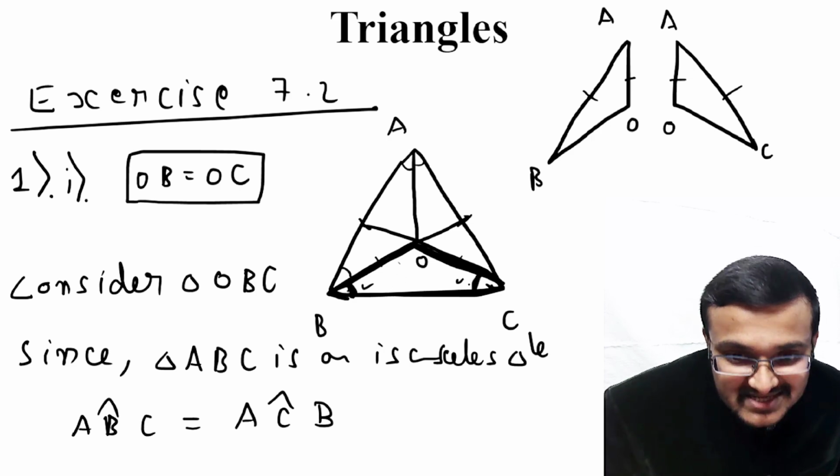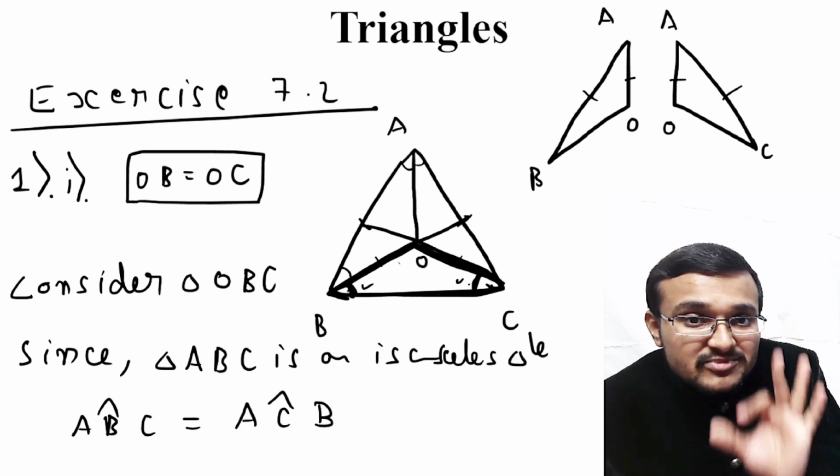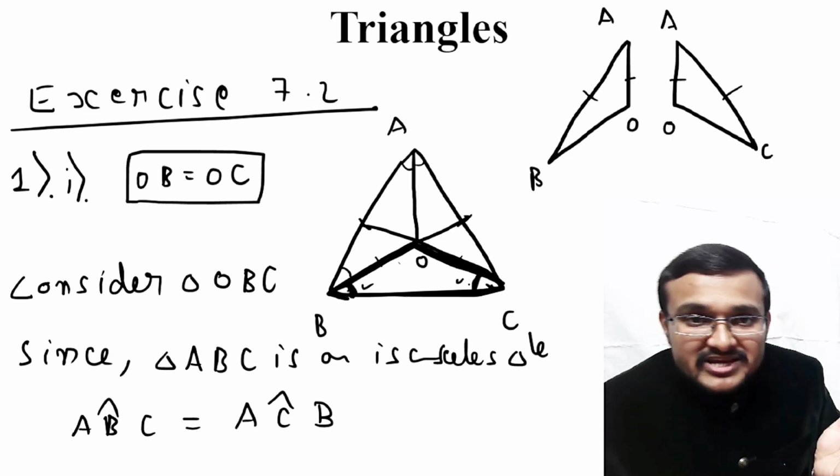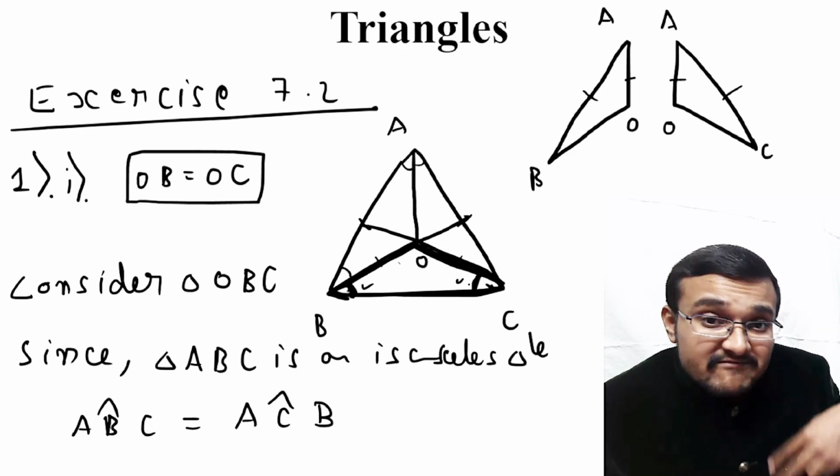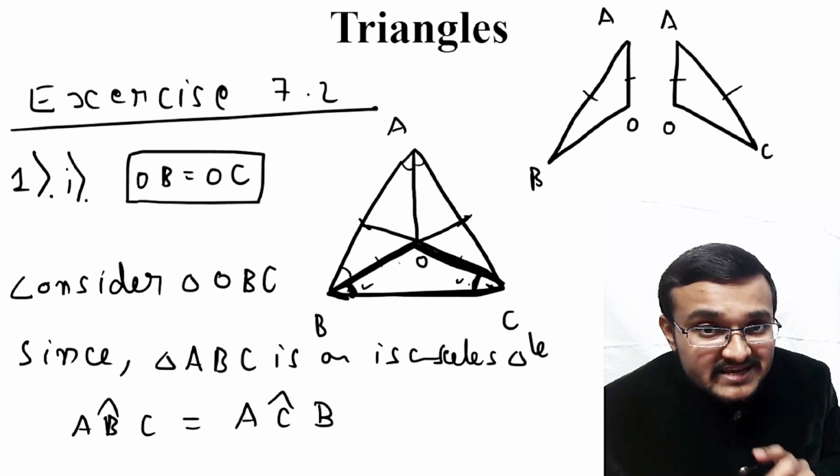So here in this triangle OBC we are proving that angle OBC is equal to angle OCB. If two angles are equal to each other in a triangle, then the opposite sides should be equal to each other. That is what we have discussed in theorem 7.3.